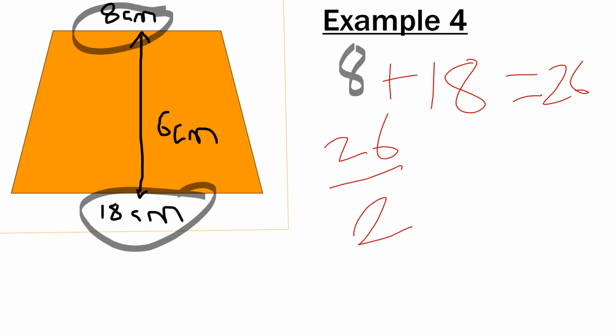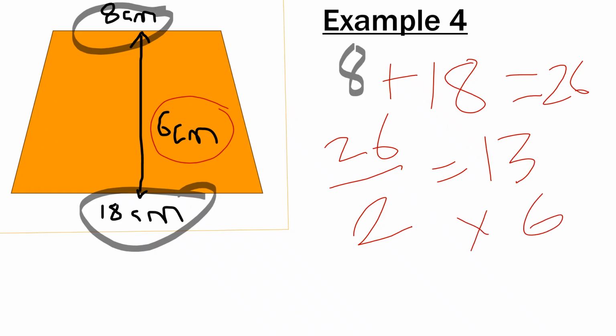And now when we divide 26 by 2, we get 13. And now there is one more step. We forgot this 6 centimeters, which then we have to times our answer by 6. 3 times 6 is 18, so 8, carry over the 1, and 6 times 1 is 6, 6 add 1 is 7. 78 is our answer.